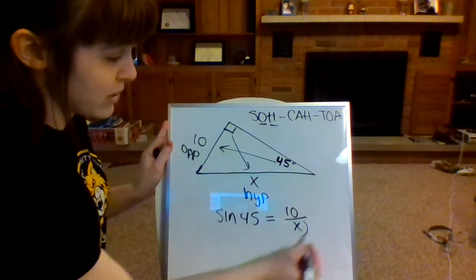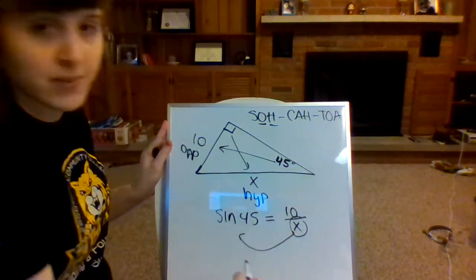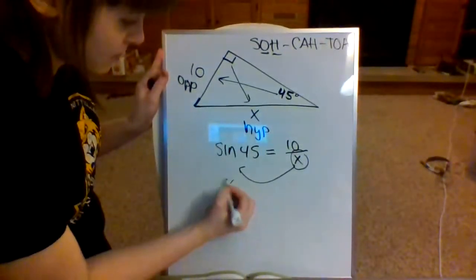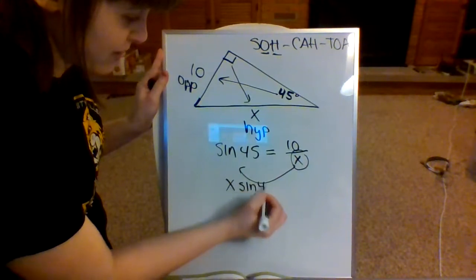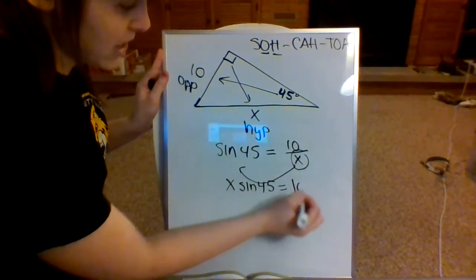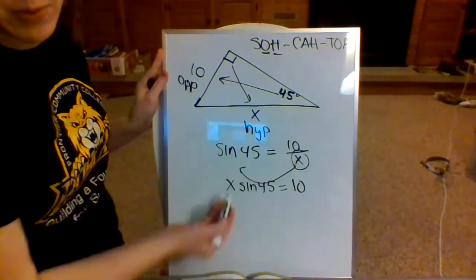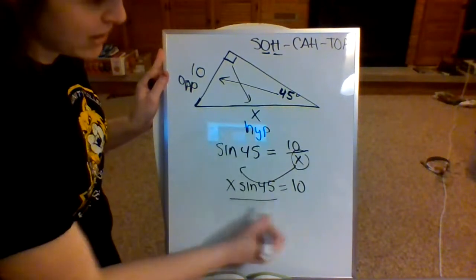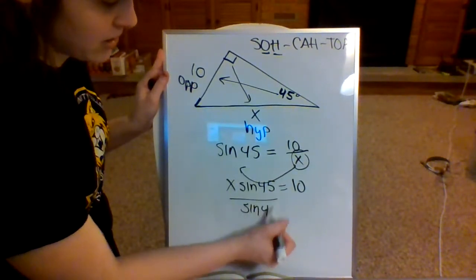We're going to multiply this x over to this side. So it's going to say x sine 45 equals 10. Now we want to get x by itself, so we're going to divide by sine 45.